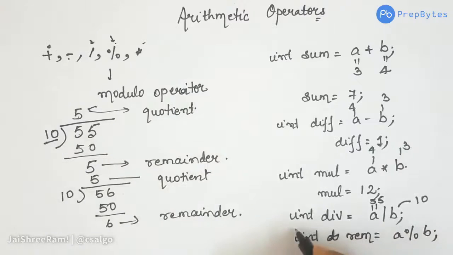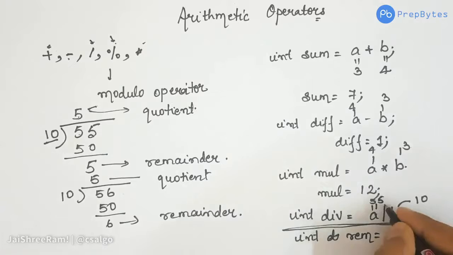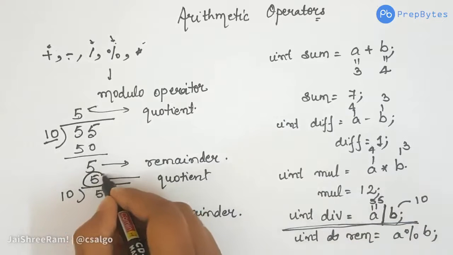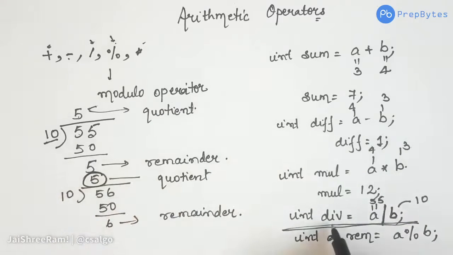If you do something like this in your program, int div equal to a divided by b, this is the division operator, then you get this particular value as the result. If you print div, the value of div will come out to be the value of quotient. So here if you print, div comes out to be 5.